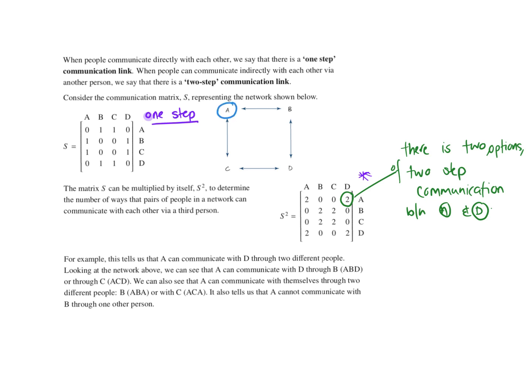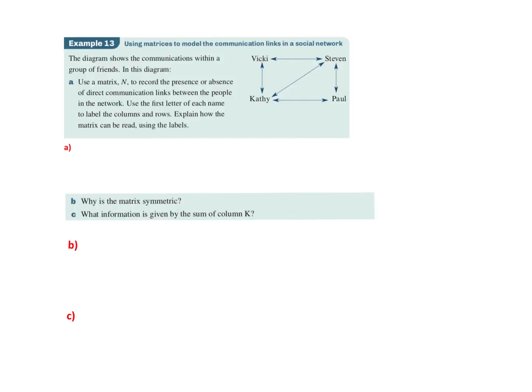We start at A. A to B, good. B to D. We could go A to B, B to D. That's one option. And then they're saying there's 2, so what's the other one? I'd have to start at A and get to D, but it has to be different. A to C, yeah, A to C, then C to D. That's why there's a 2 there, because there are 2 options of 2-step communication. Okay, the diagram shows a communication link within a group of friends.